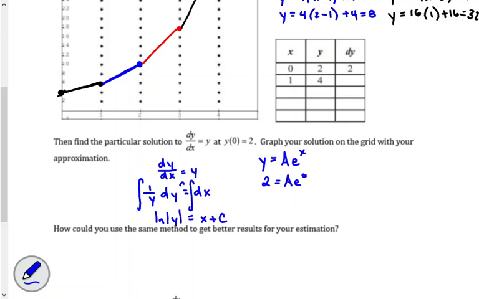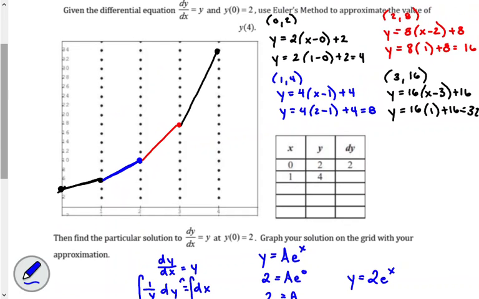So a equals 2, right? So my original equation is y equals 2e to the x. Okay. Let's see how accurate we are.